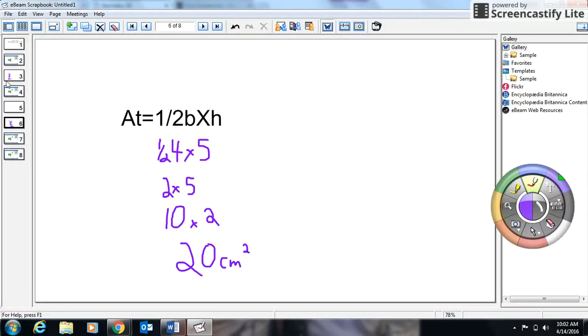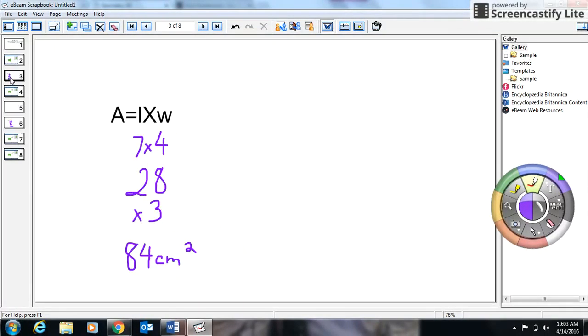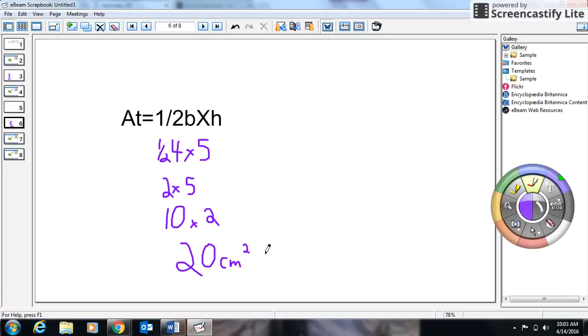I'm not done though. I have to go back here and remember the area of my 3 rectangles was 84 centimeters squared. So if I go back here and add my 20 centimeters squared to my 84 centimeters squared, those are actually fun numbers to add. 20 plus 80 is 100, and 4 equals 104 centimeters squared.